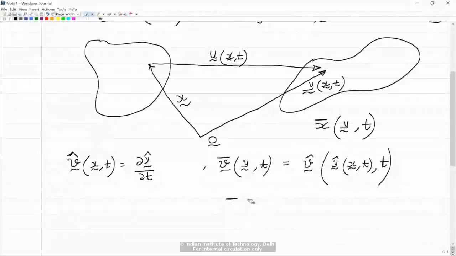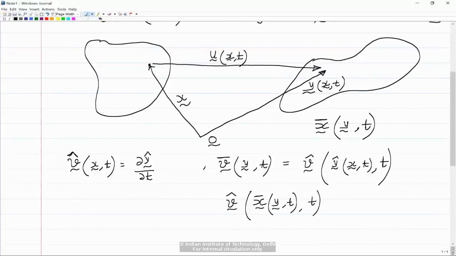So your v hat could be thought of through this Eulerian function x bar, which is depending on the location y comma t, and then you have this t also.